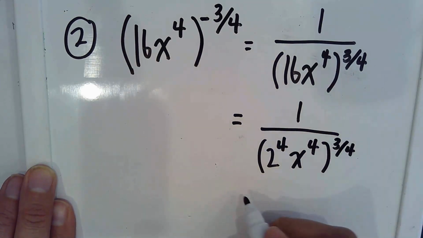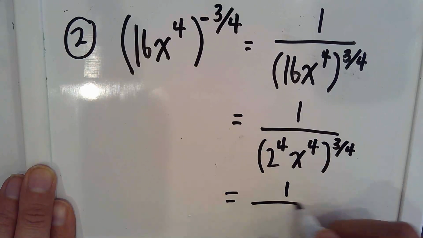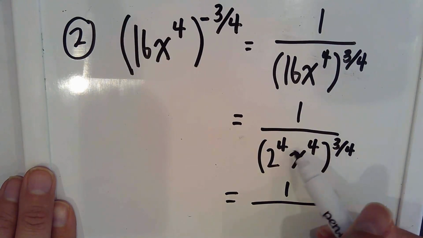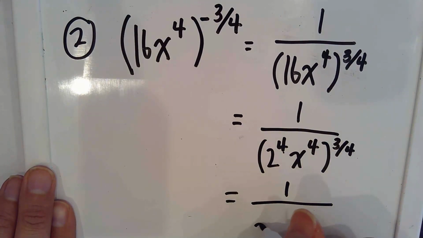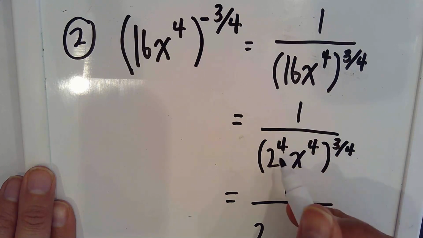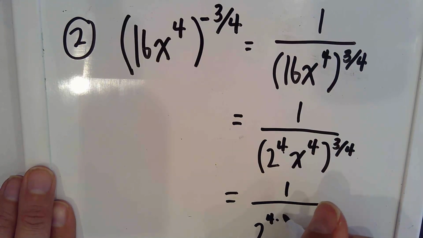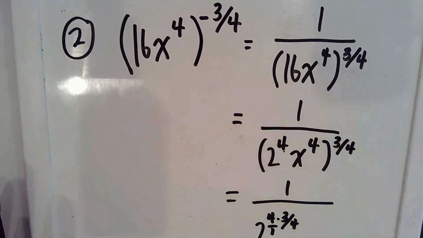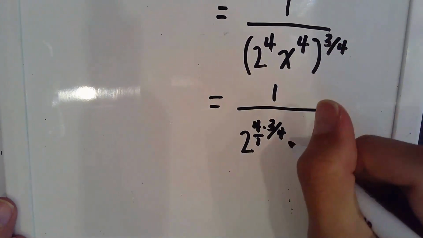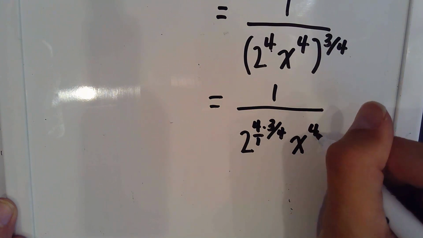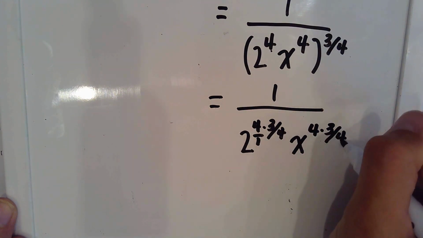Okay, so now what could we do here? Instead of writing them in radicals right now, I can multiply the exponents, right? So this will be 2 to the 3/4 times 4. So what's going to happen to that? That's just like 4 over 1, like that. And this is going to be an x to the 4 times 3/4, just like that, right?